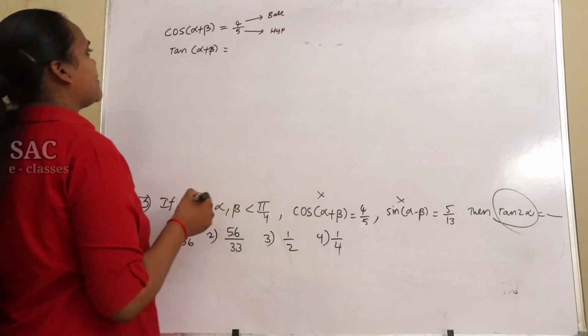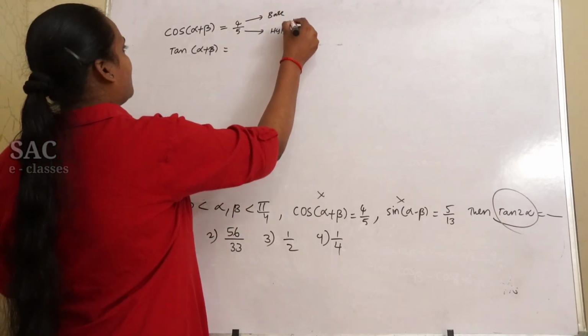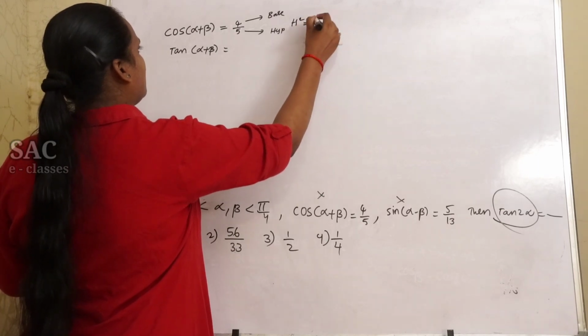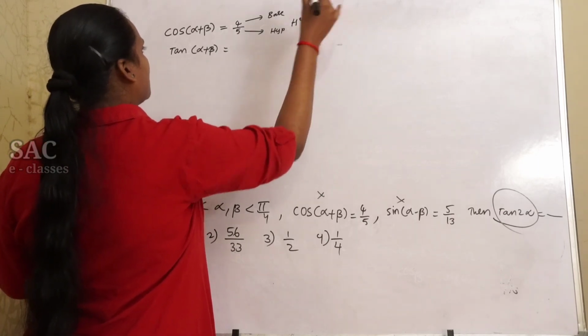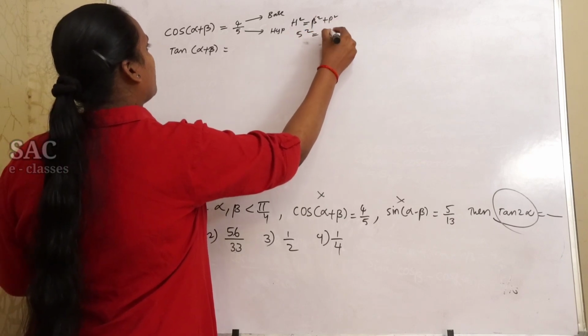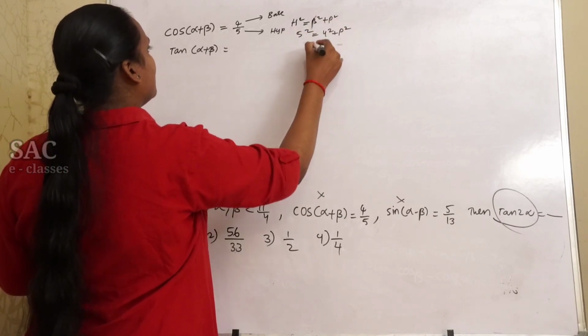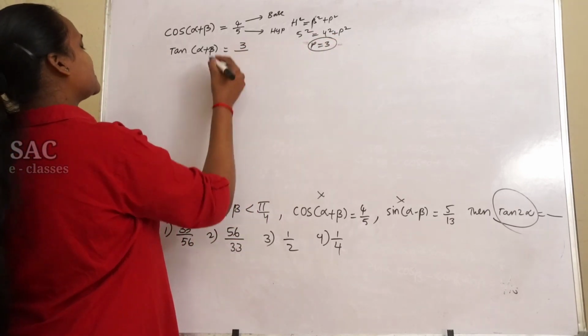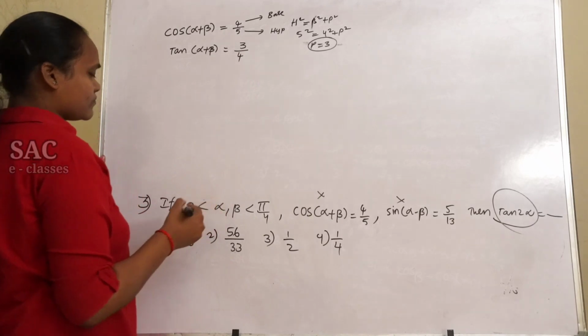Base is 4 and hypotenuse is 5. With the help of Pythagoras, hypotenuse square is equal to base square plus perpendicular square. Then 5 square is 4 square plus p square, where p is 3. So tan is 3 by 4.